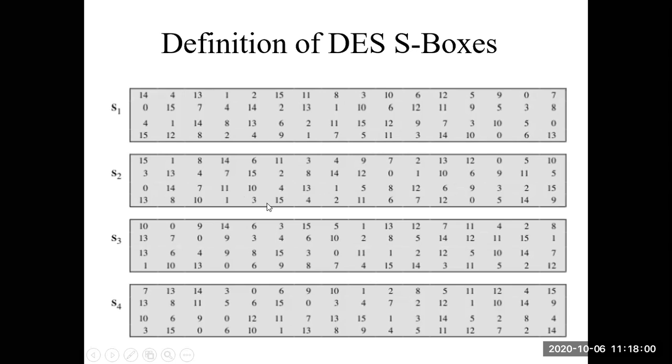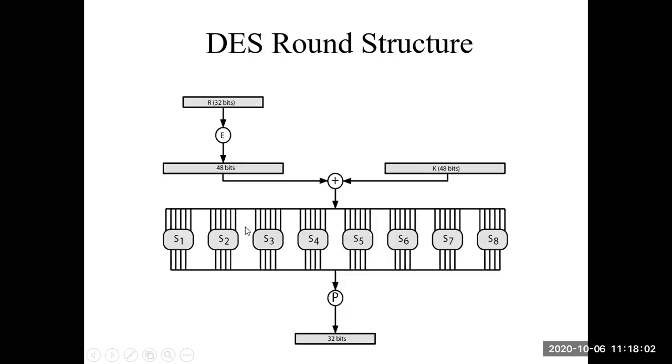And in every S box, why should it be 4 cross 16? You see here, it has 6-bit inputs. So say for example, the 6 bits are something like this. The first and last bits specify the row in the S box. The middle 4 bits will specify the column.